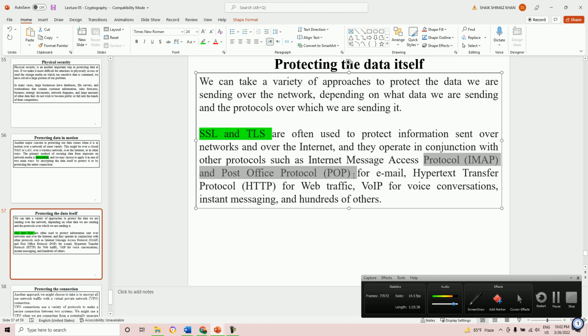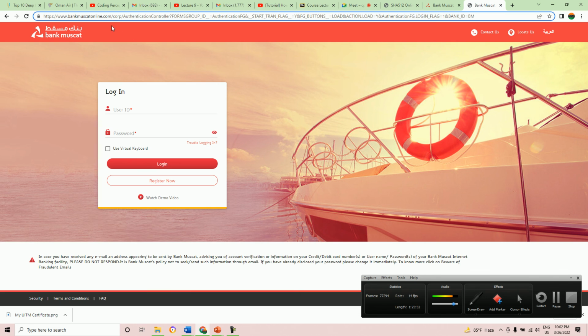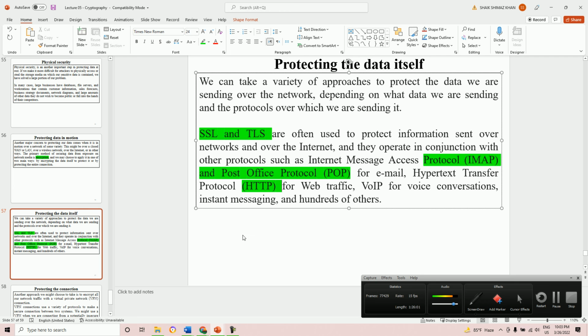Please understand, IMAP and POP are the protocols used for sending and receiving email. HTTP is a protocol used for web communication, web traffic, like websites. HTTP and SSL together make HTTPS, HTTP with SSL for security. So these protocols, SSL and TLS, are very important to provide security when the data is transmitted, when the data is in motion.